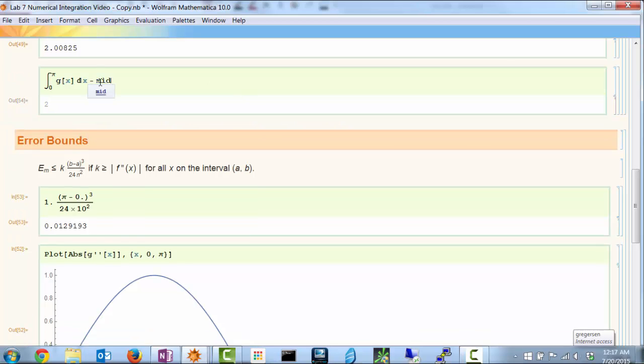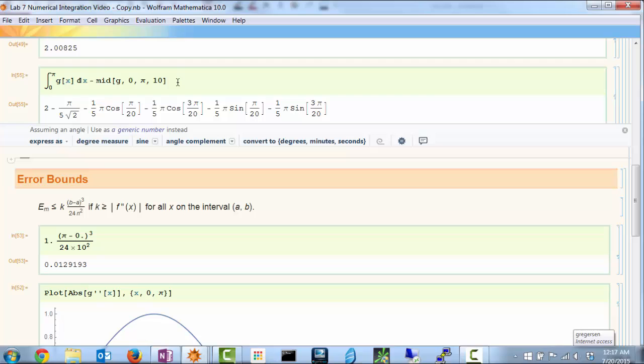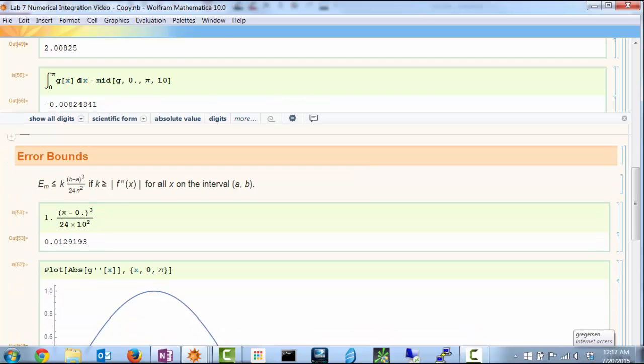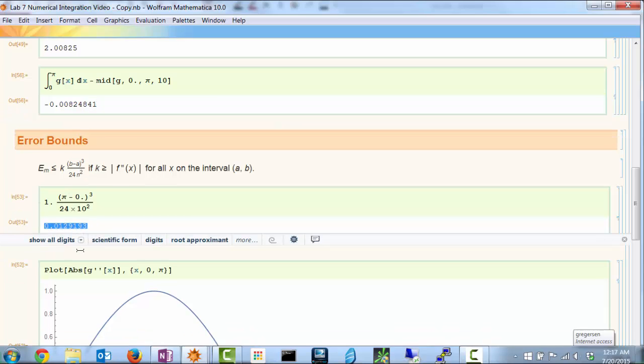I could subtract my approximate value. That's my approximate value. And so if I subtract these two, I'll get the error. And once again, decimal in, decimal out. So it looks like my exact error was 0.008, which is less in magnitude than my error bound. So sure enough, the real answer was within this error bound.